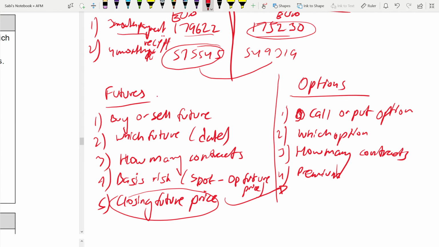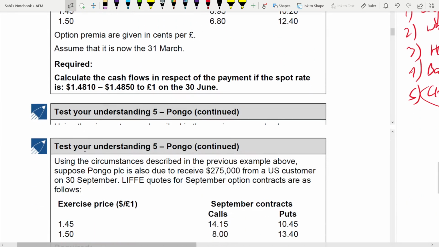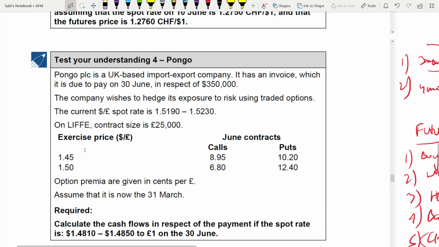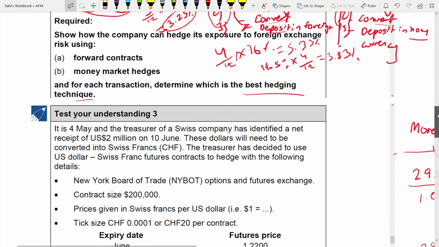So you understand this step, you will understand. We are going through this. Test your understanding 3.